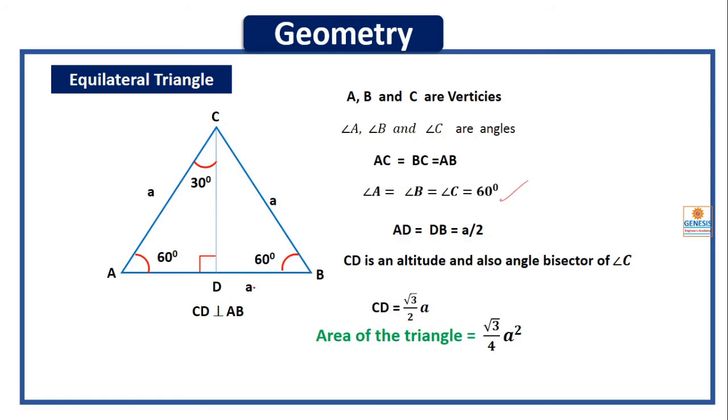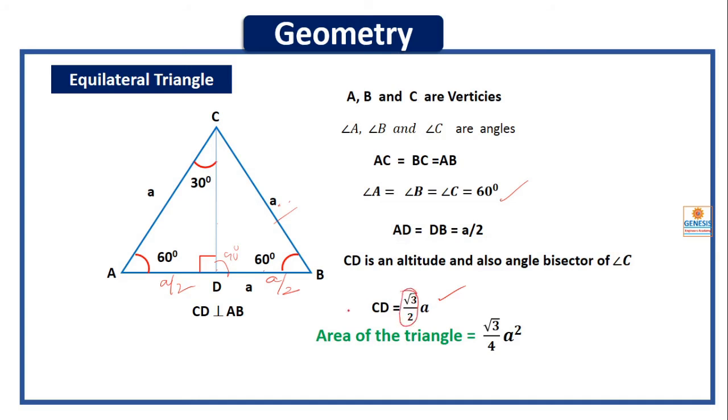If a vertical line is drawn making 90 degrees, it divides the side into two parts, a by 2 each. Since it is a right angle triangle, CD square plus DB square is equal to BC square. From that I found CD is root 3 by 2 into a.